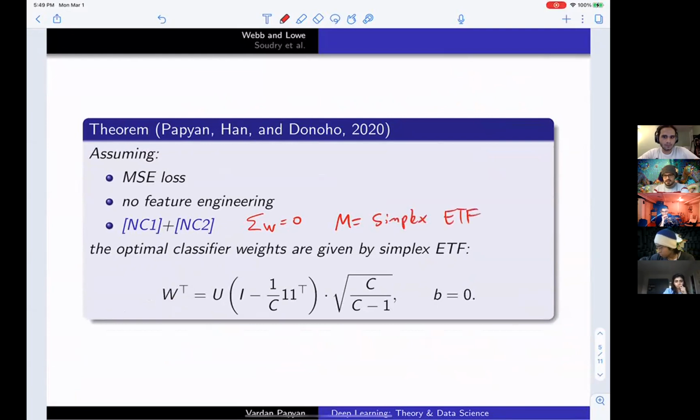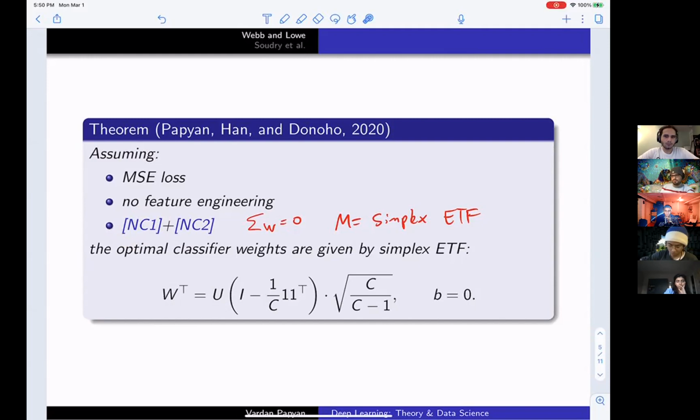If that is the case, then you can actually prove that the optimal classifier is a simplex ETF. So if you impose these 2 properties, which is that the within class covariance is 0, and that the class means are a simplex ETF, you can prove that the classifier is a simplex ETF as well. But assuming just that the within class covariance is 0 is not enough.